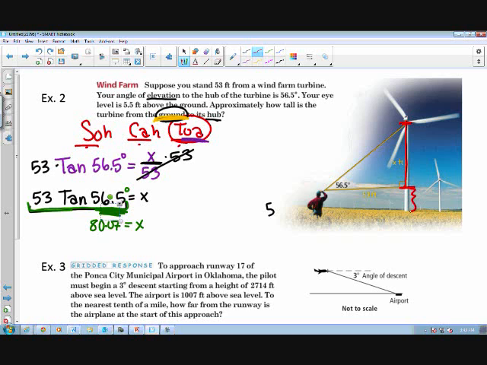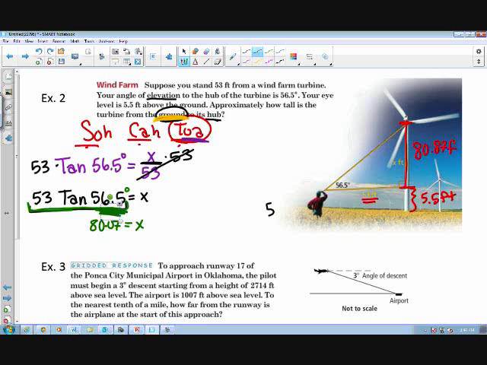How far away was that line of sight to the ground? Again, it was 5.5 feet. So 80.07, since everything else was in feet, this is 80.07 feet right here.